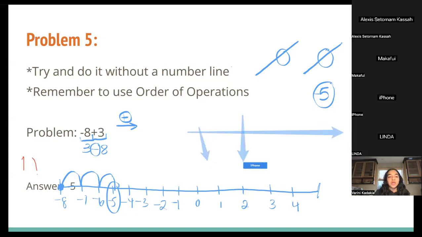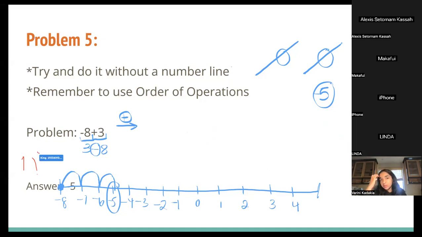If I add 3 to minus 8 on the number line, it will bring me to minus 5. So I just imagine the number line in my head, but I think working with items works too. Does anyone have a different solution that doesn't use the number line or items? Something completely different?